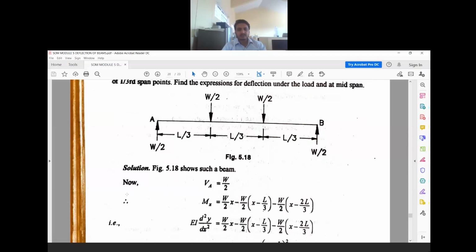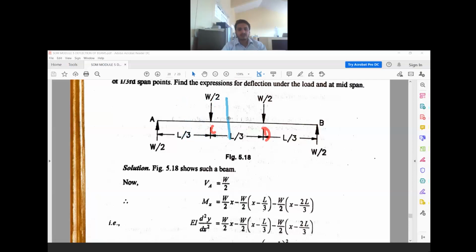So here what you have to do is, first calculate the moment equation. First, you have to consider the section in between A and C. So I will call this C and D. If the section is in between A and C, you have to calculate the moment equation.